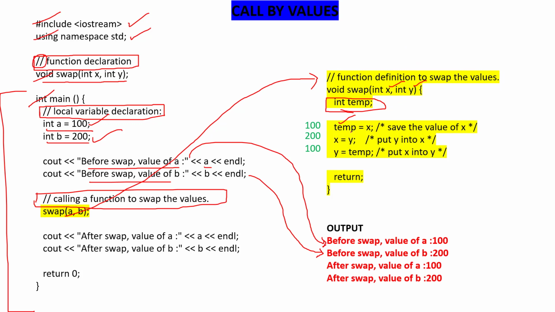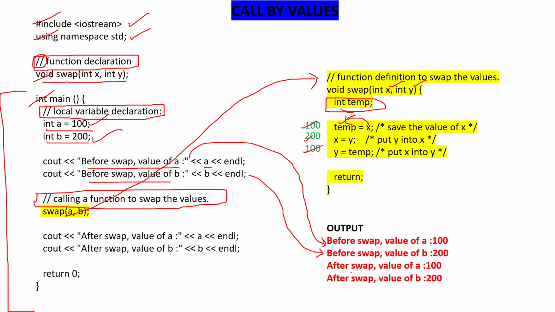In this statement, the temp value will be equal to x, so 100 will come to temp. In the next statement, x equal to y. We had 200, so 200 will come to x. The new value of x is 200 here. Temp is 100 here. Then y is equal to temp. The temp value is 100, so y value is 100. This is the swapping which we learned in the practice problem of module 1. Then return.